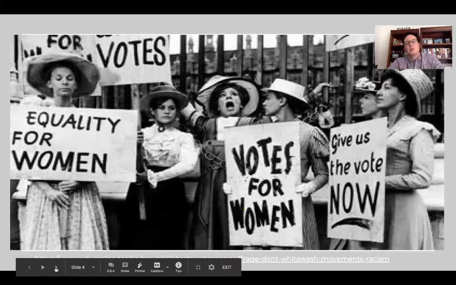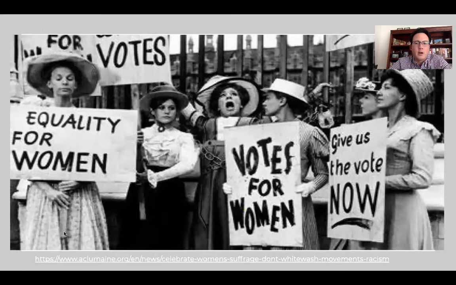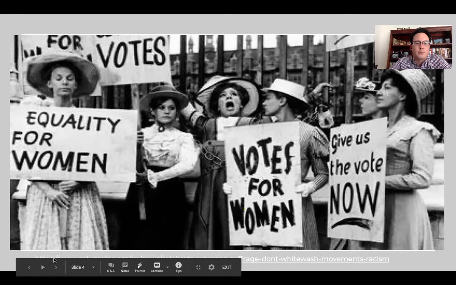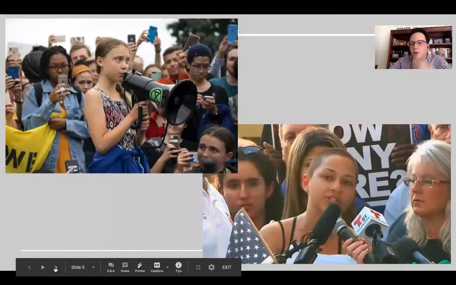With Action Civics, we talk about examples, and you see here in this picture from the women's suffrage movement, women advocating for the right to vote. And then you see here today, young people speaking about the issues that are important to them, whether it's climate change or gun violence.